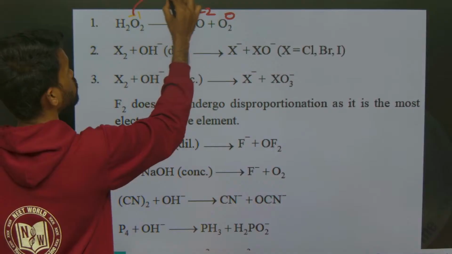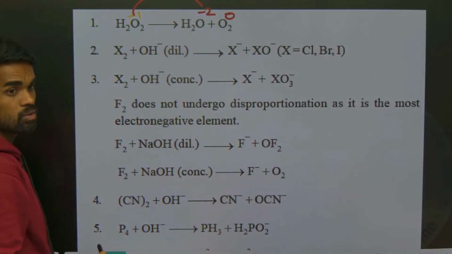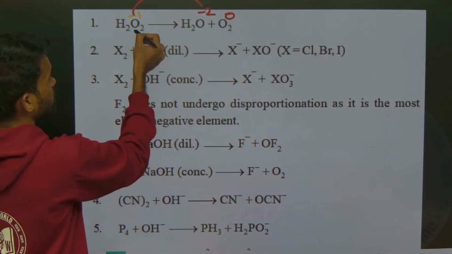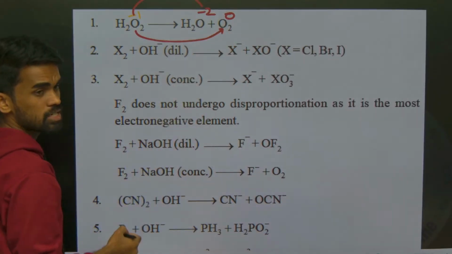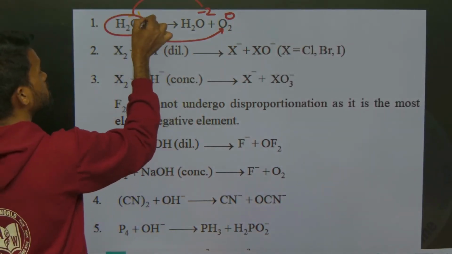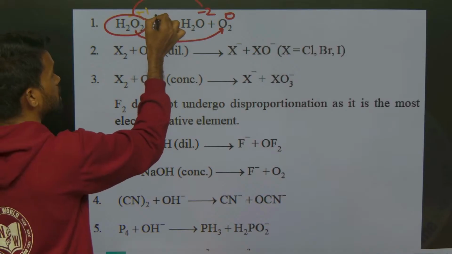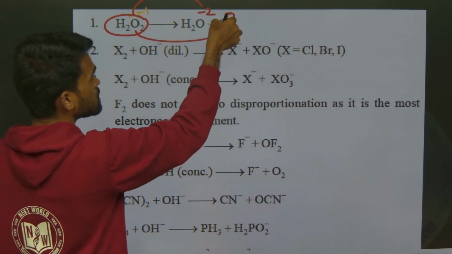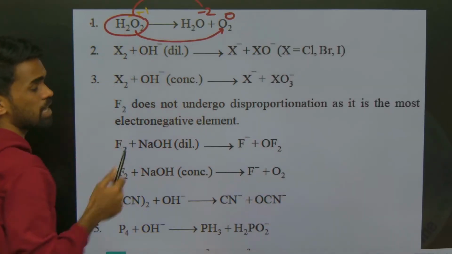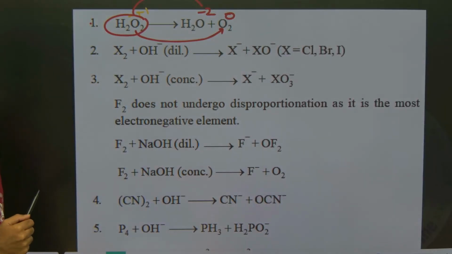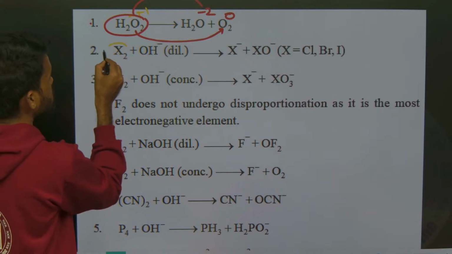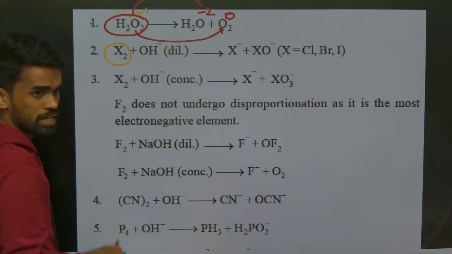So -1 to -2 is reduction, -1 to 0 is oxidation. So oxygen in H2O2 having -1 oxidation state undergoes both reduction as well as oxidation. So we can say this is a disproportionation reaction.